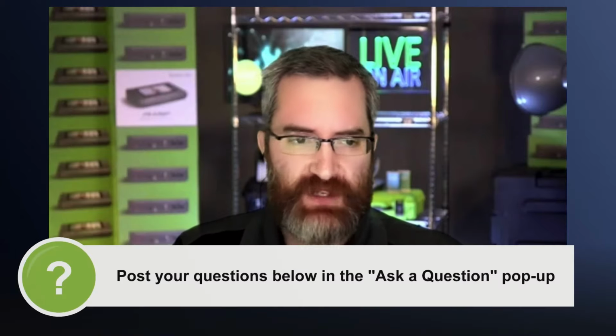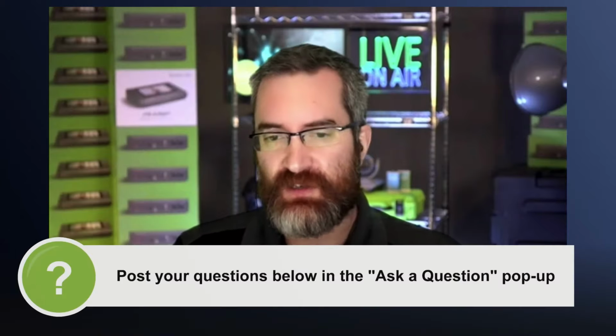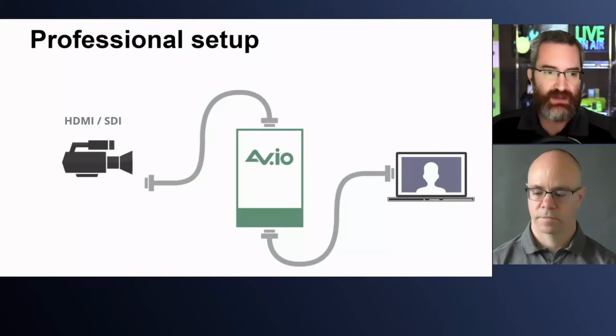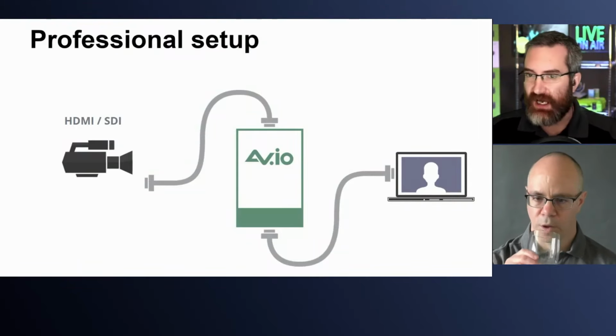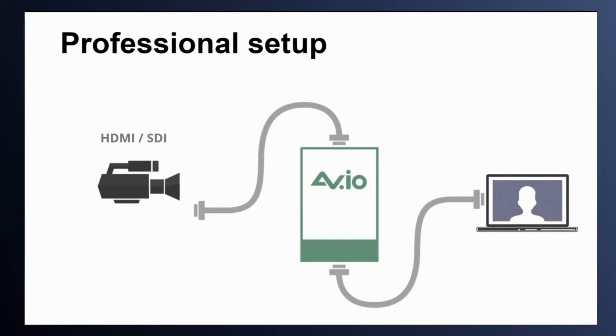So how this might look, as an example, using an external camera with a capture card, very basic. We take our HDMI or SDI, whatever the camera output is, and send it into the capture card. Most capture cards you'll find today are USB based.